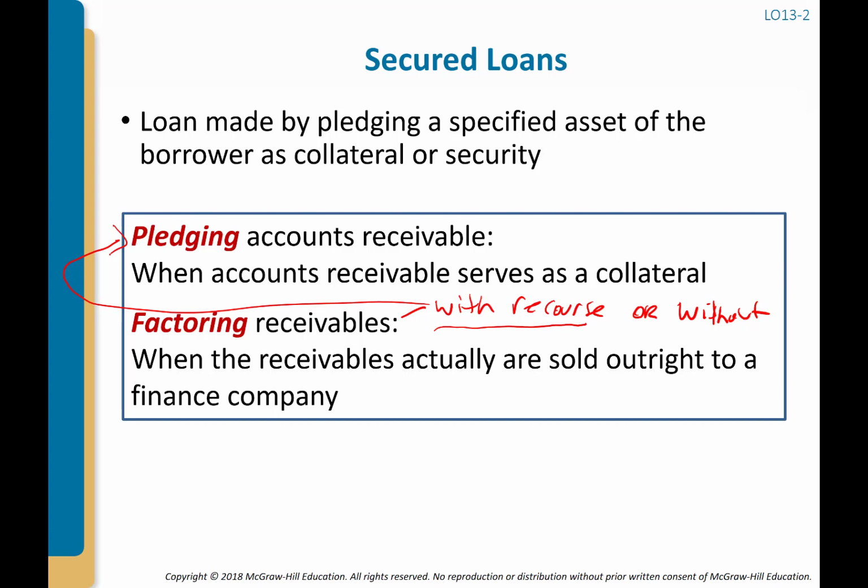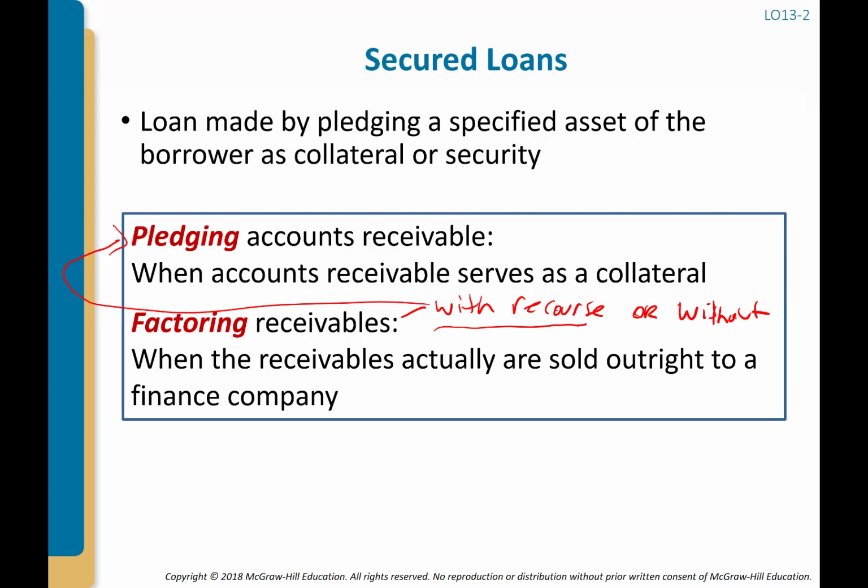And your recourse would be to do what? To come back to me in the event you can't collect on those and say, give me my money back, right? And if that's the case, then it's really just what? It's just a loan in which the receivable is collateral, right? If I give you the receivables and you can come back to me and say, give me my money back, then in effect, I still own those receivables, right? And so I would still carry that on the books and just footnote that it's been pledged, I might call it a with recourse factoring, whatever, okay?